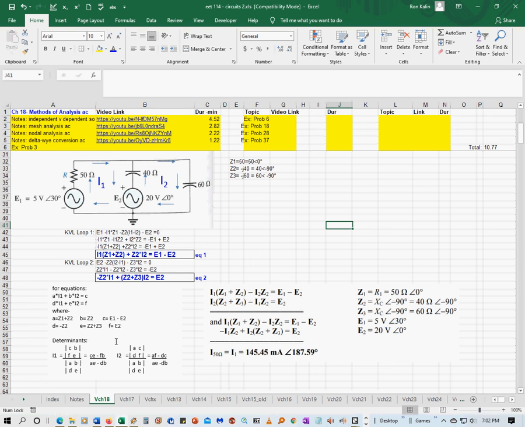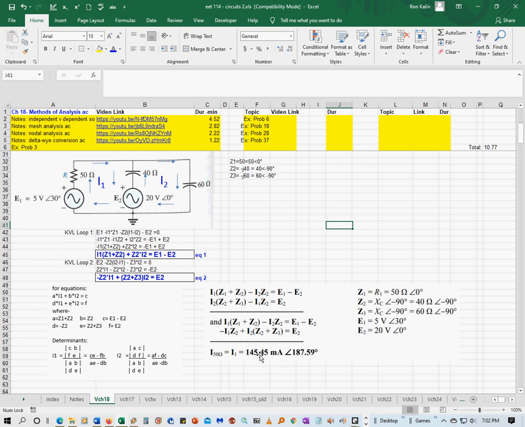You have to substitute these variables into this determinant and then do your multiplication and addition or subtraction. And for your Z variables, you have to put in the actual numbers to generate this answer.